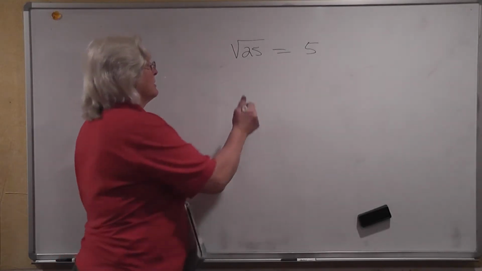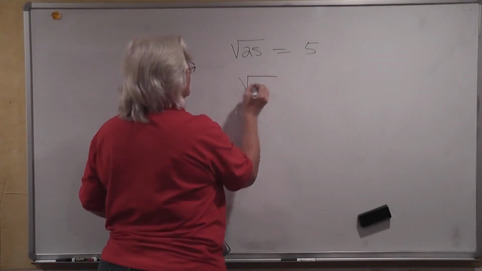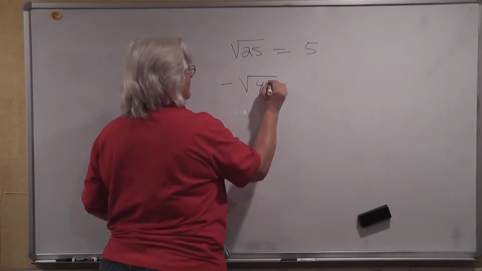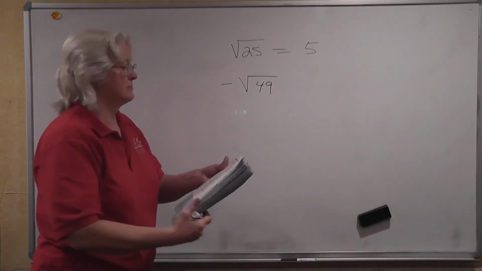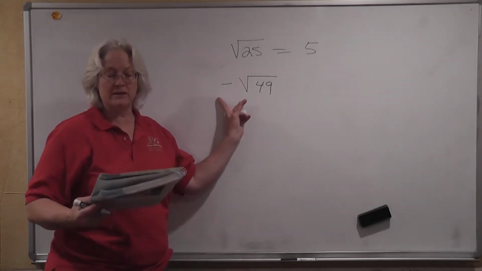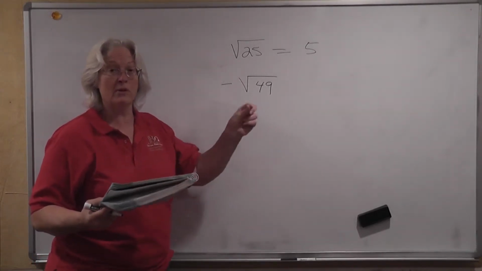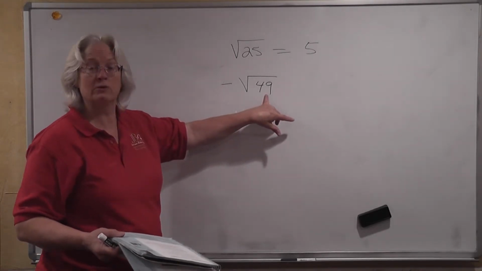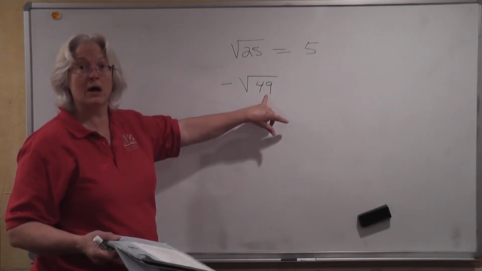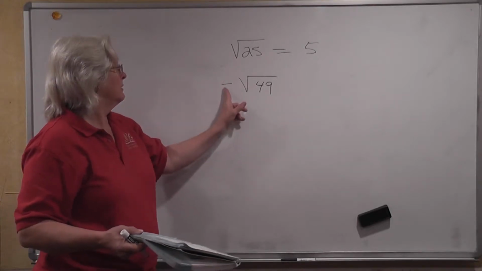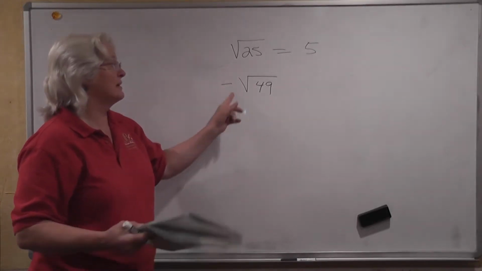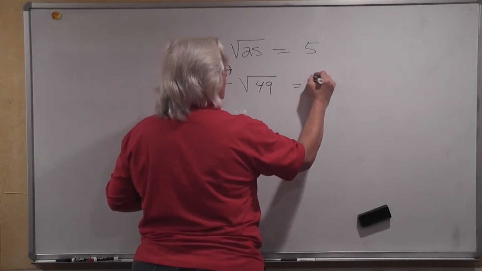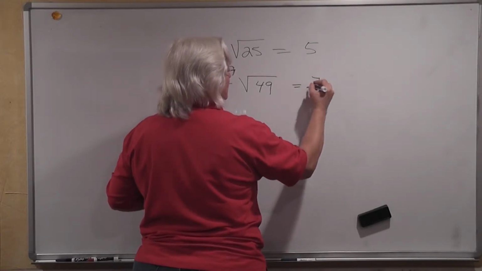Now, let's look at this. What if they have this thing right here? You can read this as the opposite of, or the negative. This is the opposite of the square root of 49. What's the square root of 49? It's 7. So the answer is negative 7. Or this is the negative square root of 49, which is going to be a negative 7.